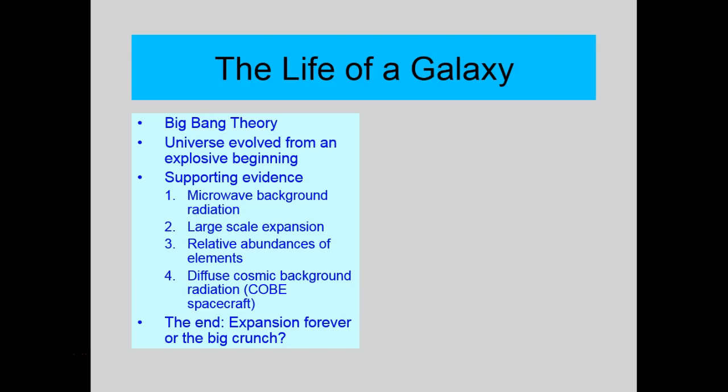Relative abundances of the elements, meaning that even in those rare elements, there's still quite a few of them. So there have been some pretty major bang at the beginning, okay? Because you can't account for how much of this rare stuff is there. That's not just from supernovas. That's not enough to do it.